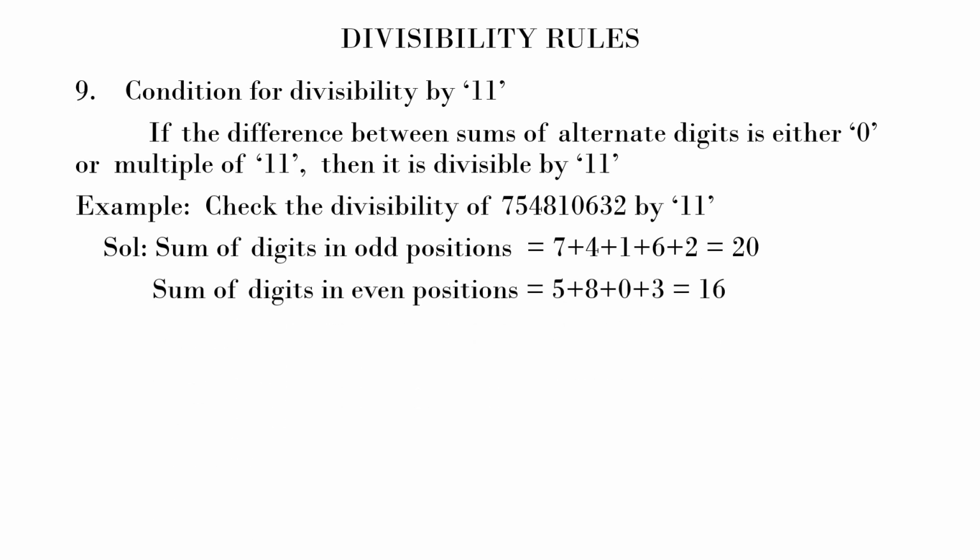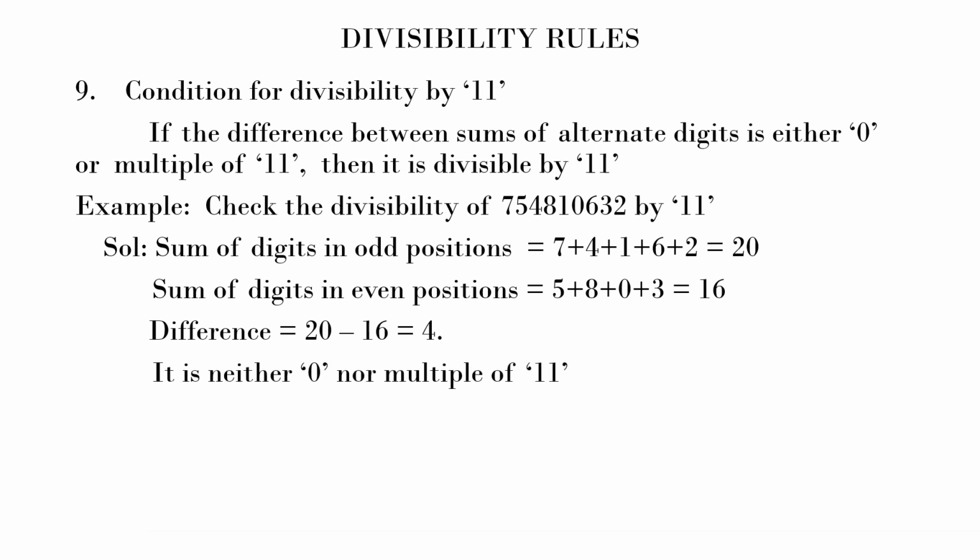And the sum of the digits in even positions, which are 5, 8, 0 and 3, is 16. Now the difference between these two, 20 minus 16, is 4. This difference should be either 0 or a multiple of 11, but 4 is not a multiple of 11, so this number is not divisible by 11.